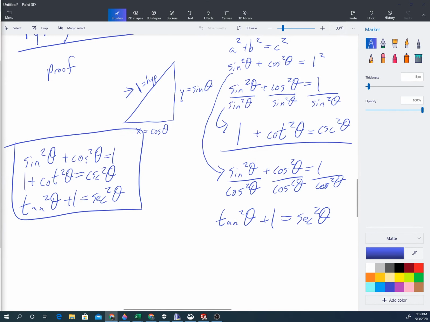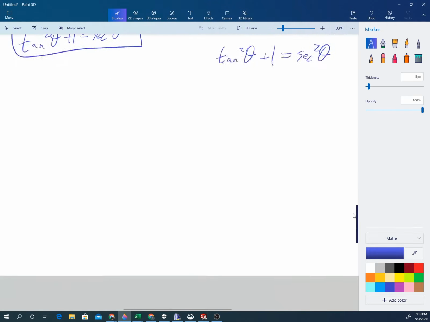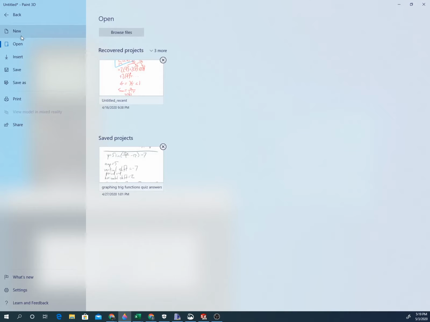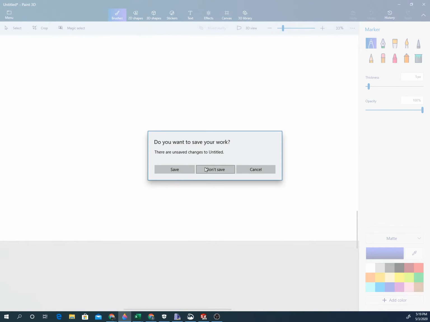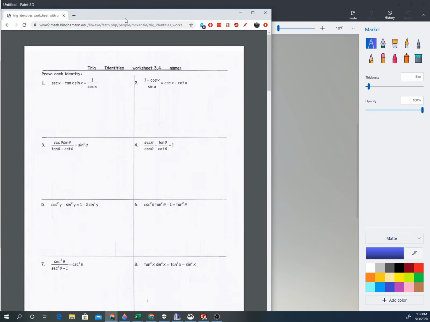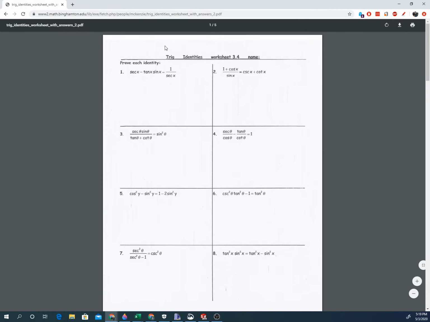Okay, so I want to focus on verifying identities first. Let's just go ahead and get a new sheet. Let's not save. And I'm pulling my problems just from a worksheet that I found online. And our goal is we need to be able to prove that the left does equal the right.